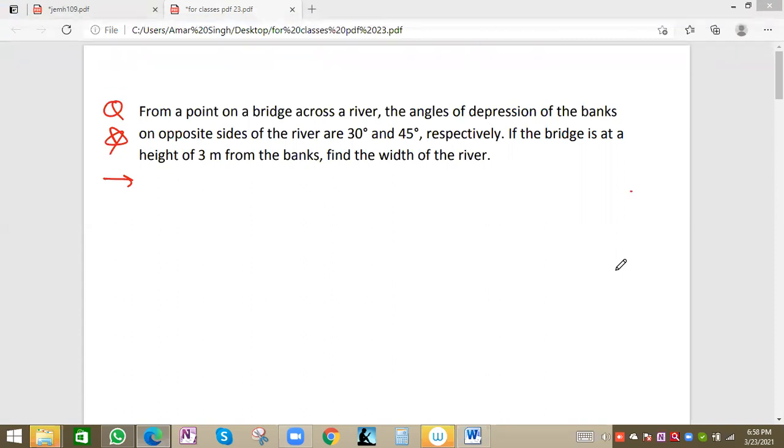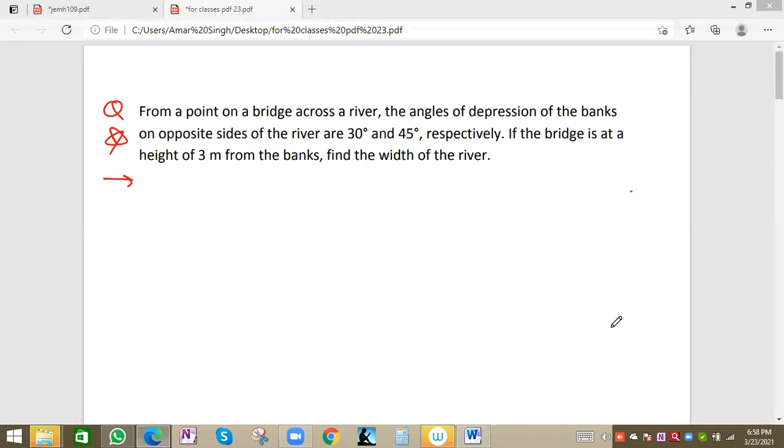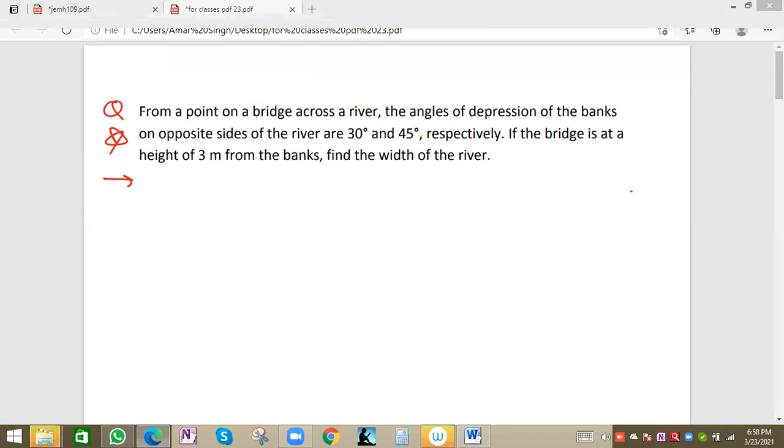So I got the answer from two of them, Bhavya and Navneet. Now we'll see the solution.